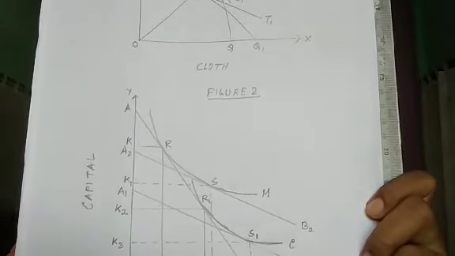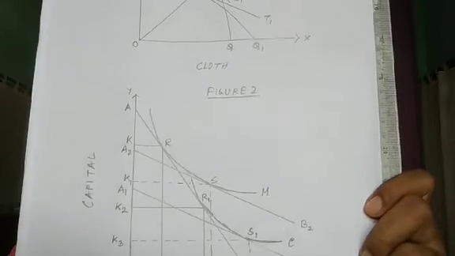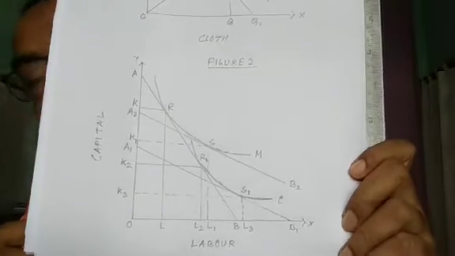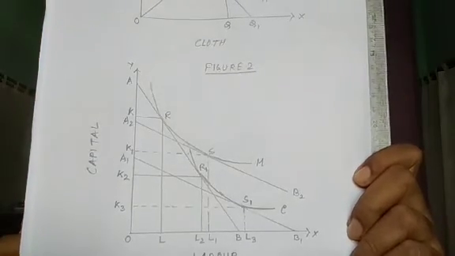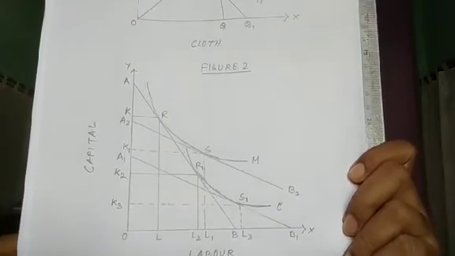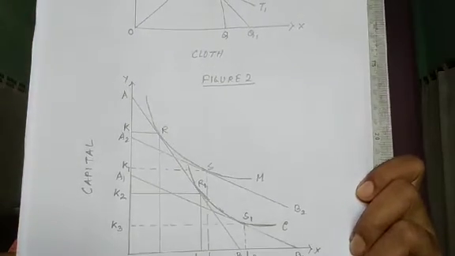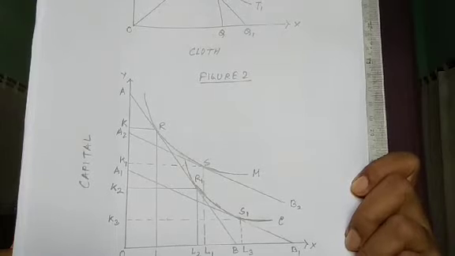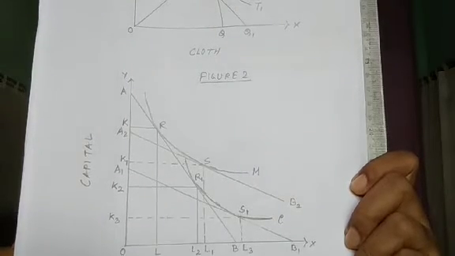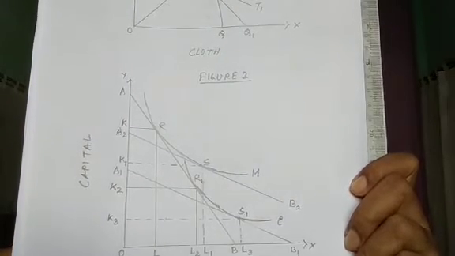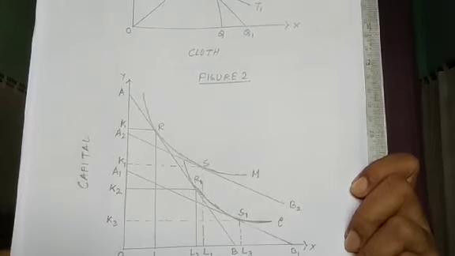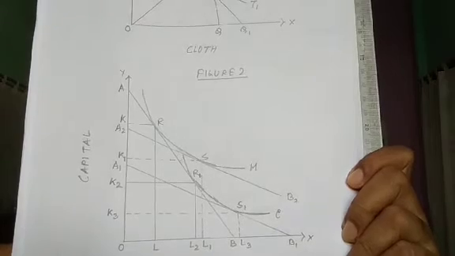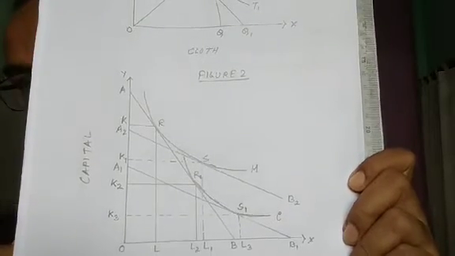So from this, we can make a conclusion that the production of machine is more capital intensive in country A than in country B. In country A, to produce 100 machines, we need OA amount of capital, and for country B to produce 100 machines in terms of capital, we need OA2 amount of capital.